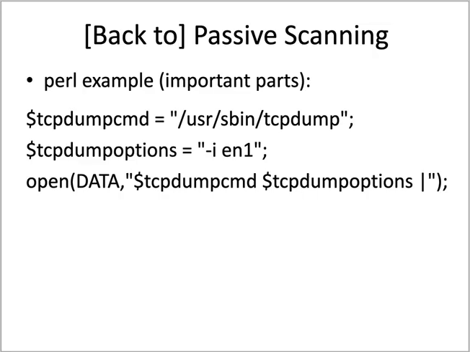And then what I do is I open that command, and notice I have a pipe on the end of the command, and then I open a data file. So what that's going to do is run the tcpdump command, and feed that into my, in this case, Perl program for processing.